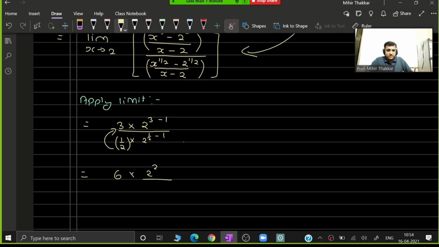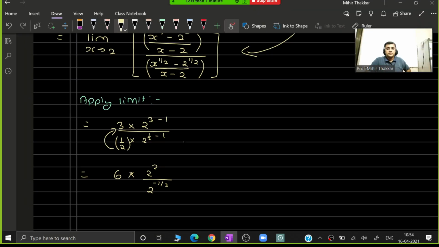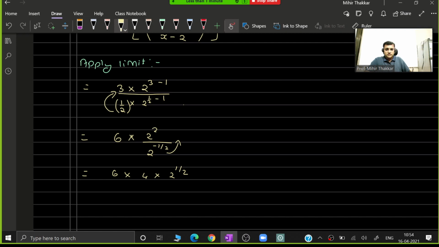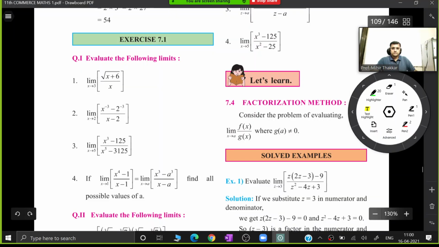And this will become 2 square divided by 2 raised to half minus 1, which is nothing but 2 to the power minus half. And therefore, if I transfer this in the numerator, it will become 2 to the power positive half. 6 into 4 into 2 raised to half, which becomes 24 root 2 as your required solution.